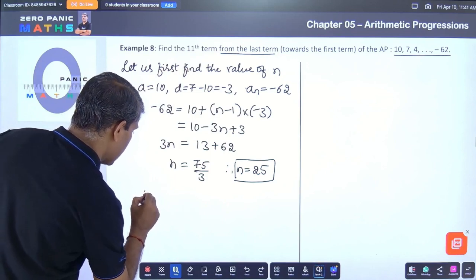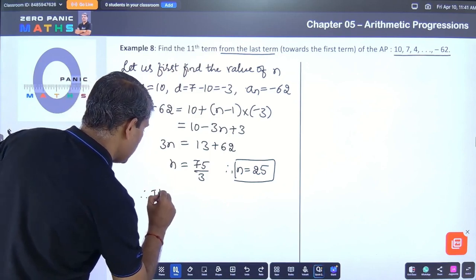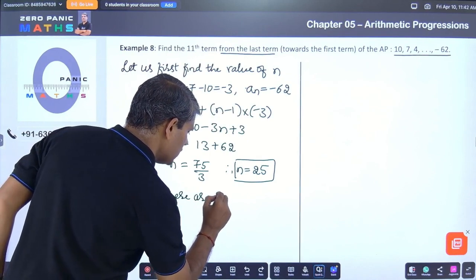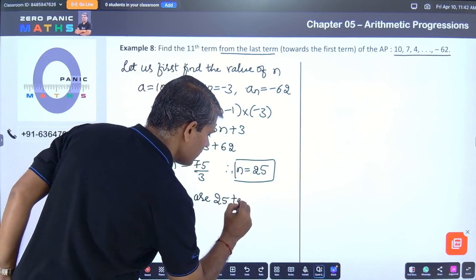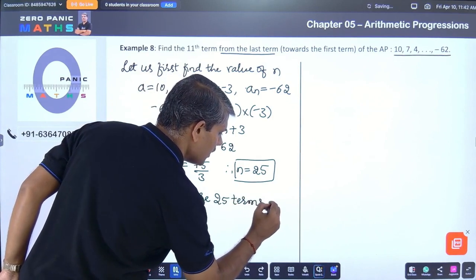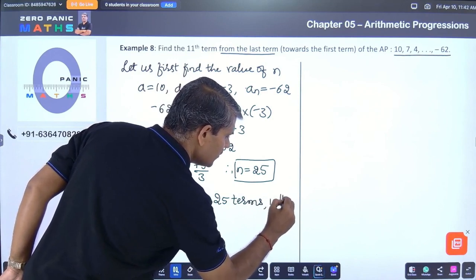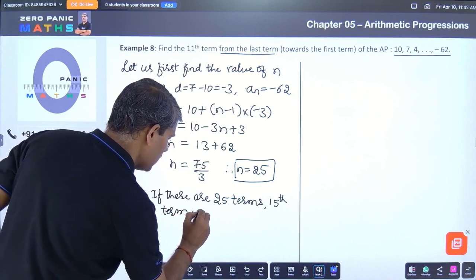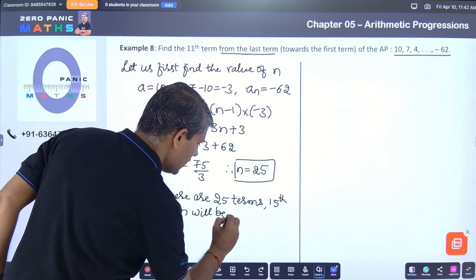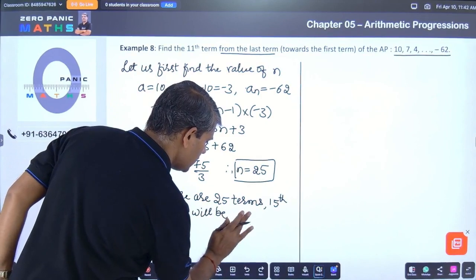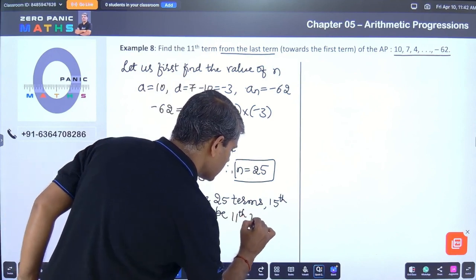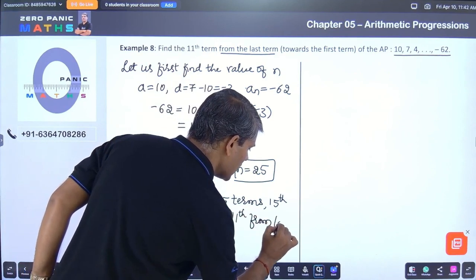Therefore you can write: if there are 25 terms, the 15th term will be the 11th from last.